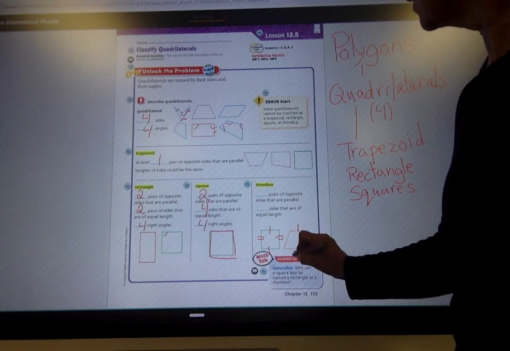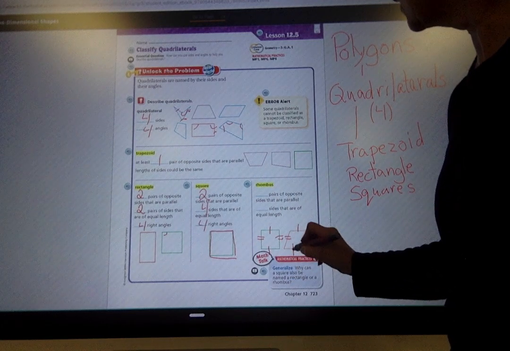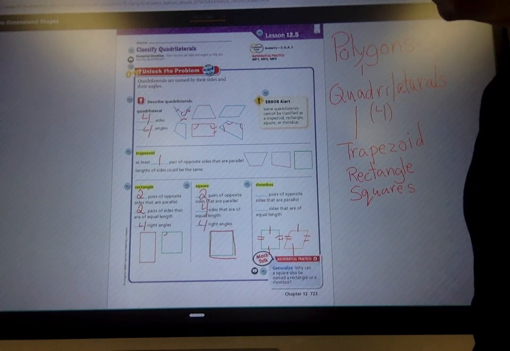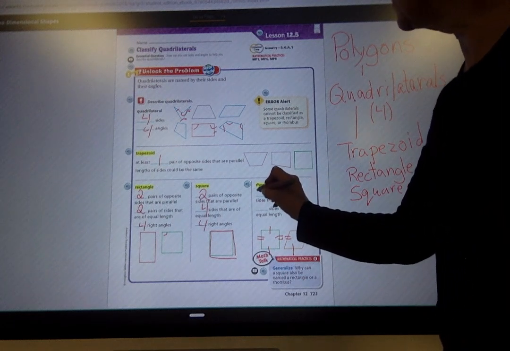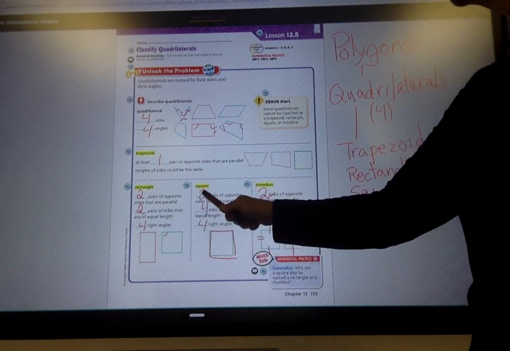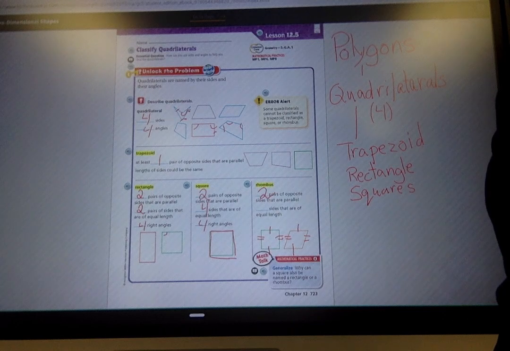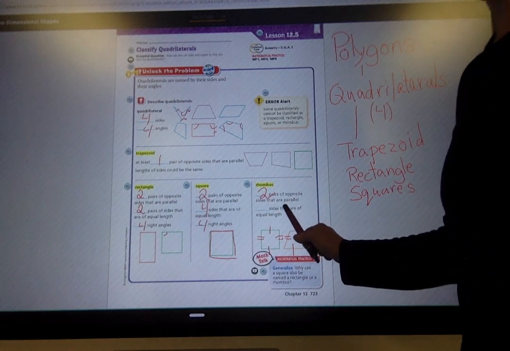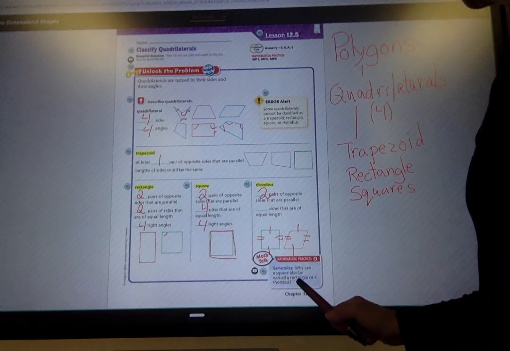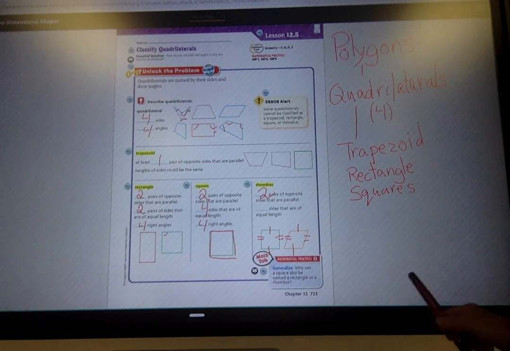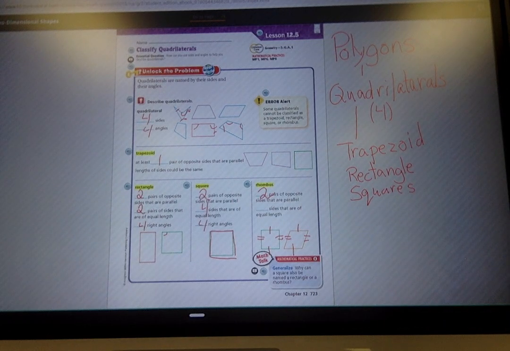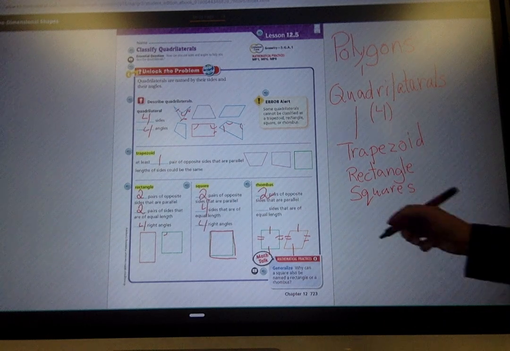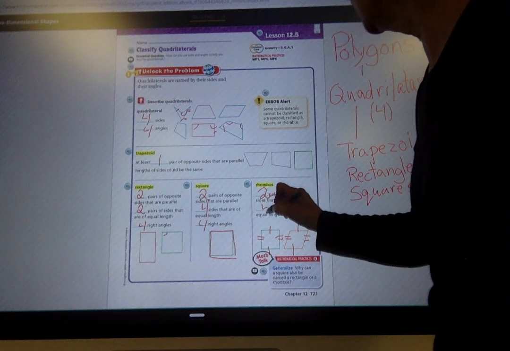This one is parallel to this one. This line is parallel to this side. So we have 2 pairs all the way across. How many sides that are of equal length? Well, let's look at the length of the sides. All 4 sides are equal.